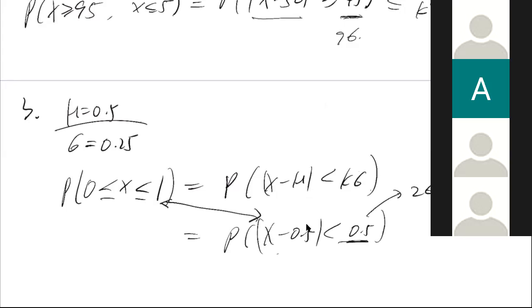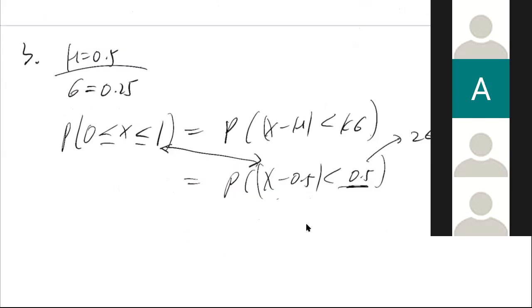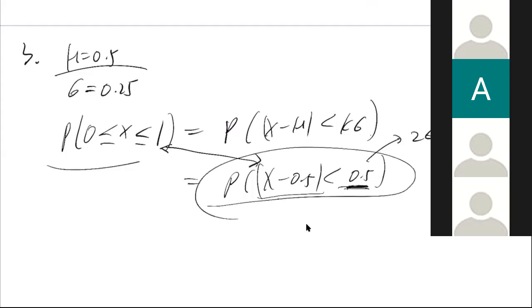For the question Juliana asked, Ryan gave a pretty good answer, and that's exactly what I mentioned here as well. The 0.5 comes from fixing the mean, so x minus 0.5, and we want this to be equivalent to the original problem, so we need the right-hand side to be 0.5 to make sure that these two are the same.